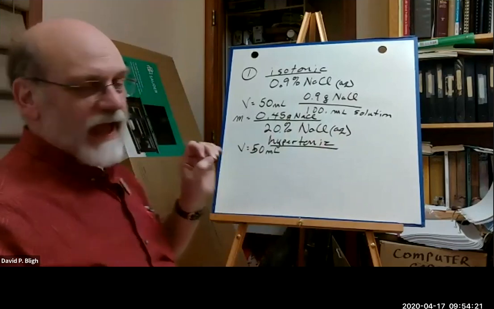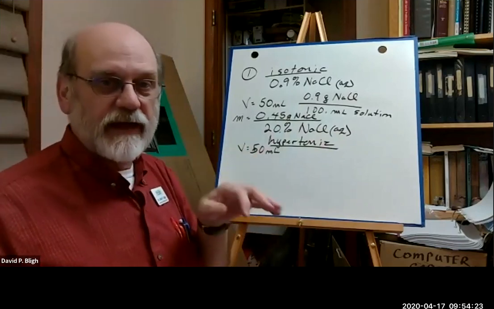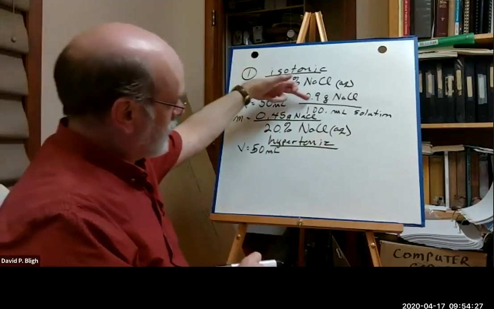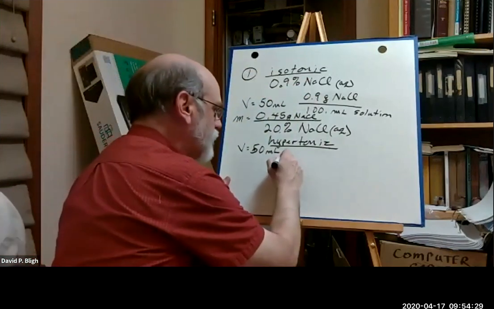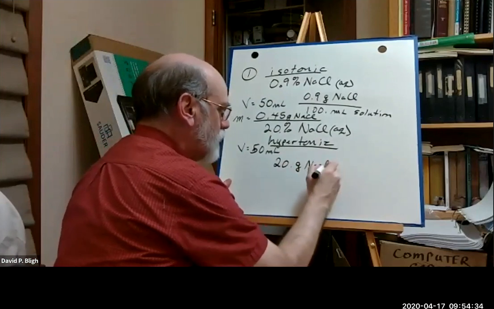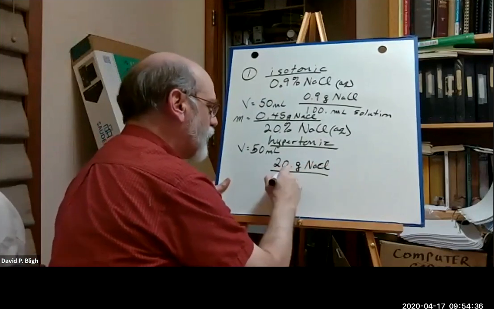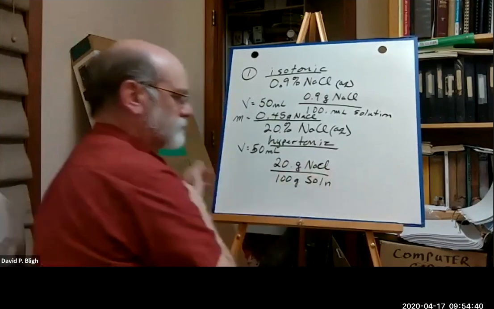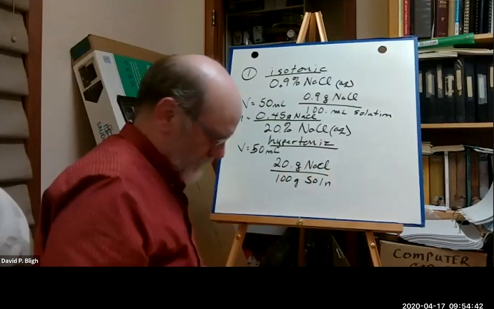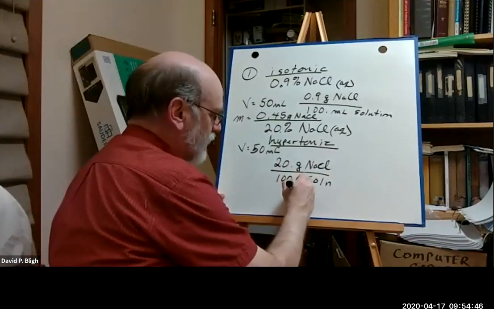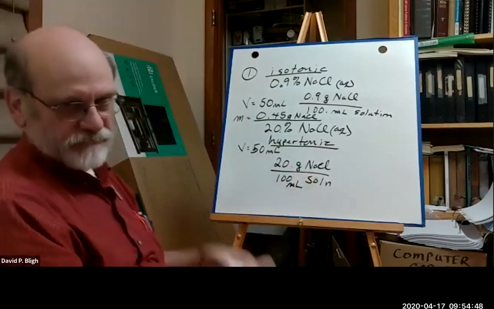Now we need to know how much sodium chloride we need to put in 50 milliliters. Well, if we use this ratio again, it would be 20 grams sodium chloride per 100 grams of solution. Technically that's pretty close, but it's 100 milliliters of solution.